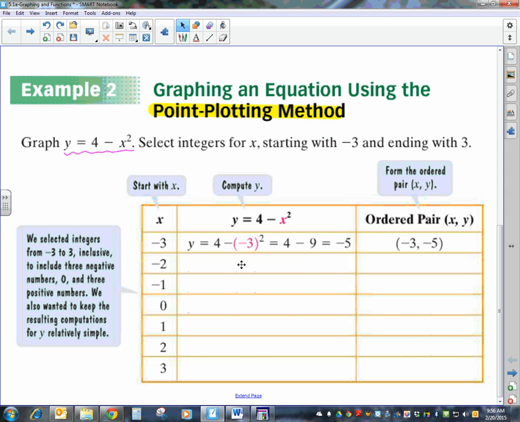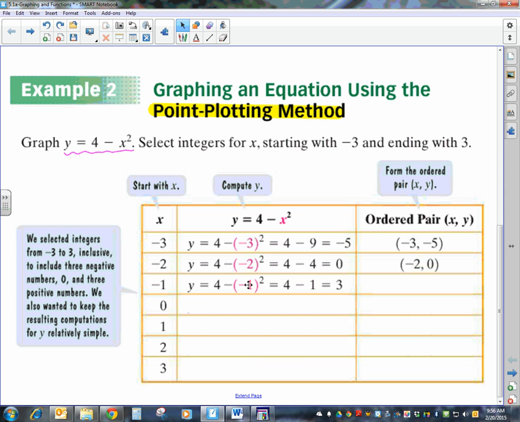We'll go through each of those, and you can wait until I click them off. I put in negative 2 for x into this equation, so 4 minus (negative 2) squared, 4 minus 4 equals 0. So x is negative 2, y is 0. Now negative 1.